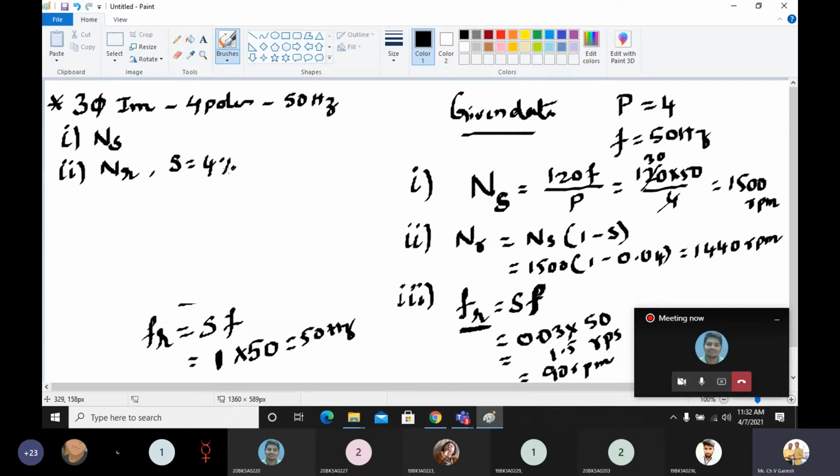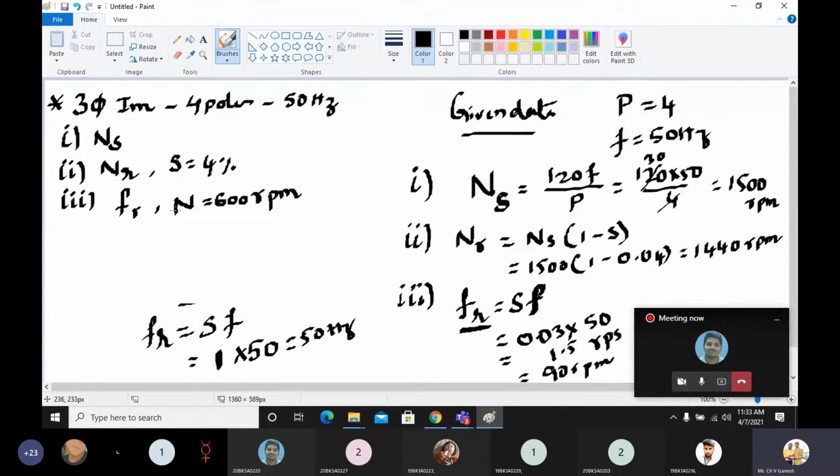And the last one, third one: find the rotor frequency when the rotor runs at 600 rpm.